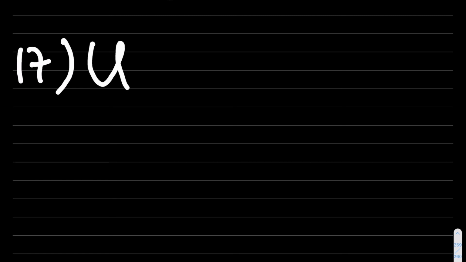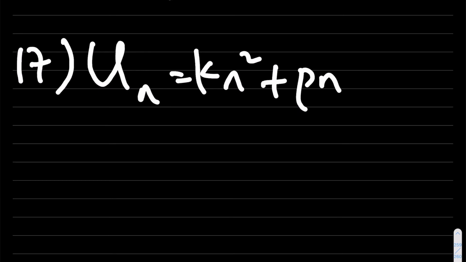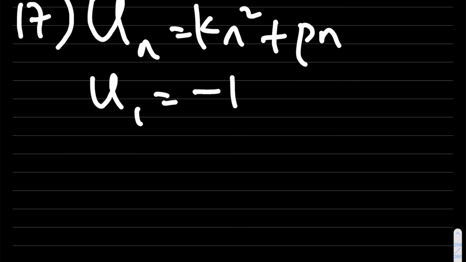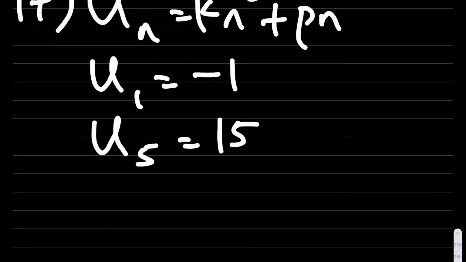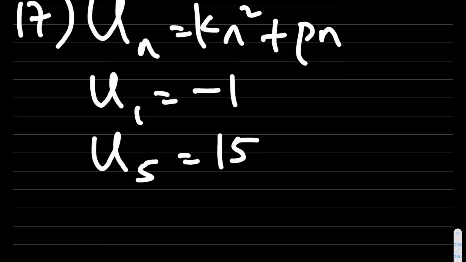Number 17 says if un is equal to kn squared plus pn, and u1 is minus 1 while u5 is 15, find the values of k and p. I think this should be simple. Let's go. u1 is minus 1.